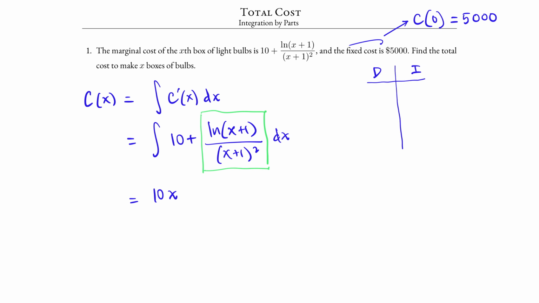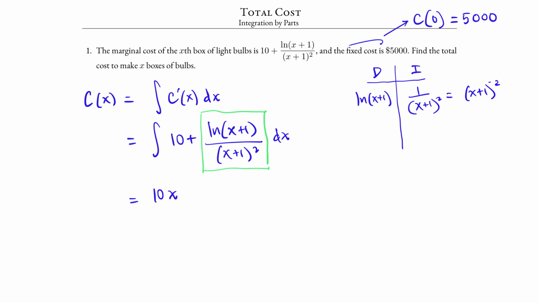Ln in the differentiation column, so ln of x plus 1, and the algebraic factor is not just x plus 1 squared, but it is 1 over x plus 1 squared, or x plus 1 to the negative 2 power.